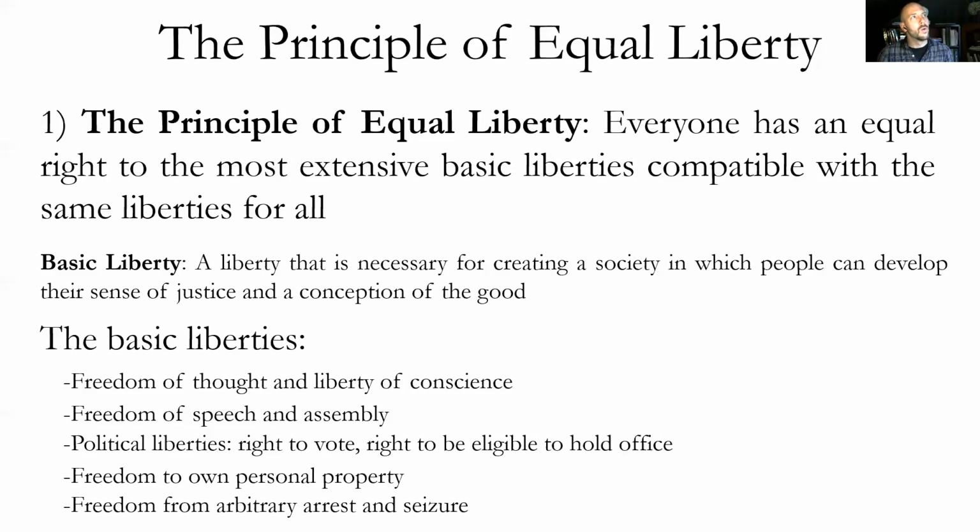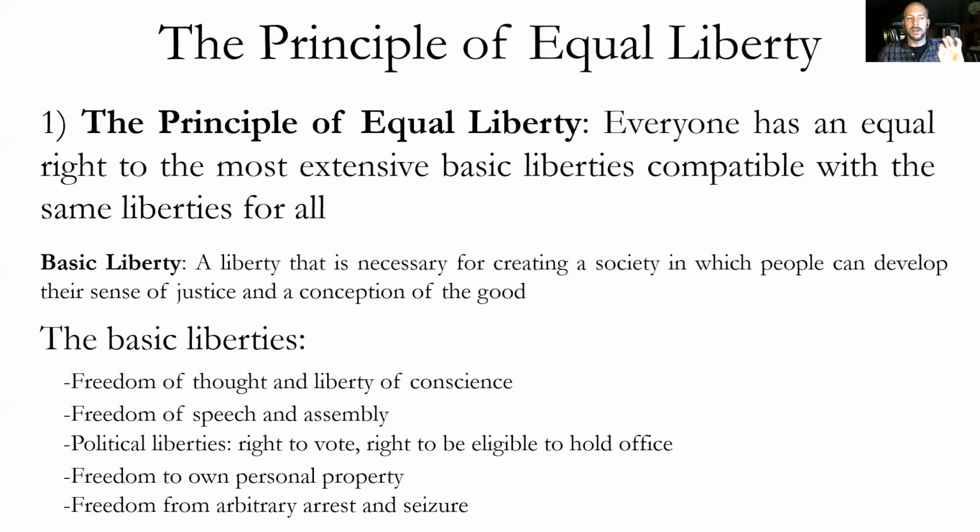But when Marx calls for the abolition of property, he's explicit about this, he makes an exception for what he calls personal property. Things like clothing and so on, but whatever, we'll get to it later. So that's not a particularly controversial point, I guess that's what I'm saying. And then freedom from arbitrary arrest and seizure, right? So it's kind of these basic fundamental rights.